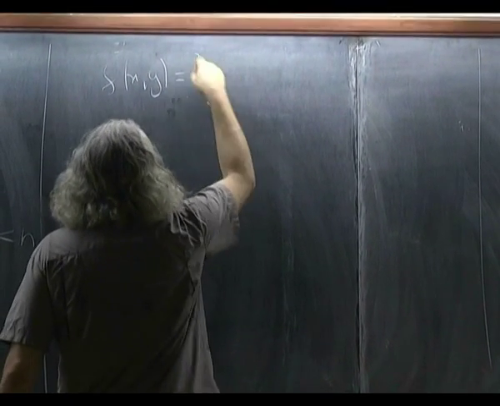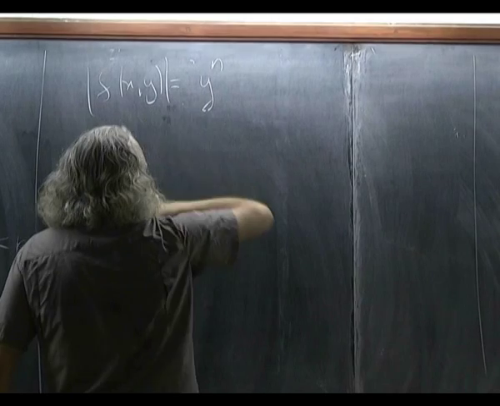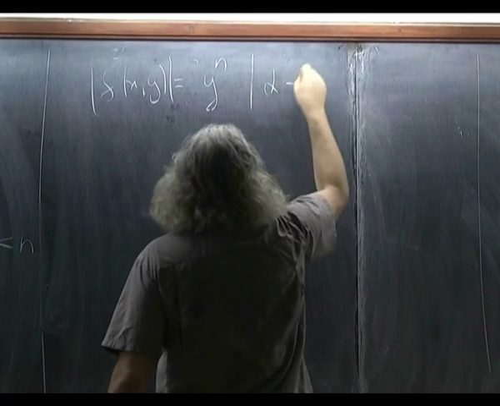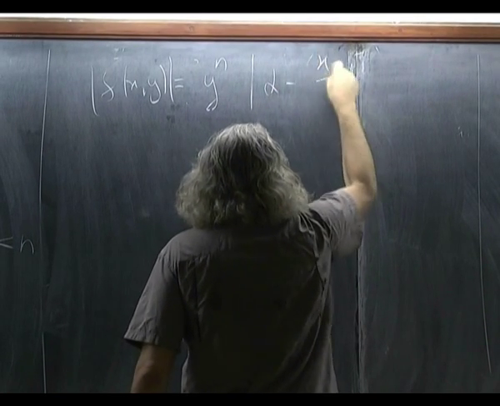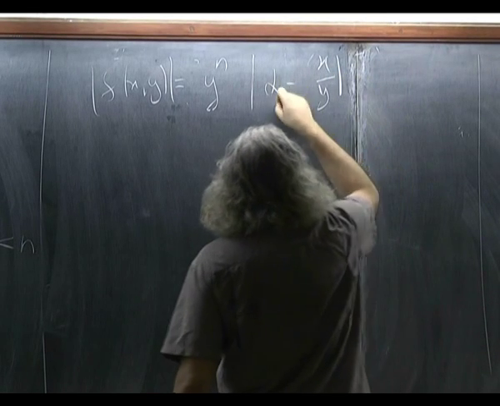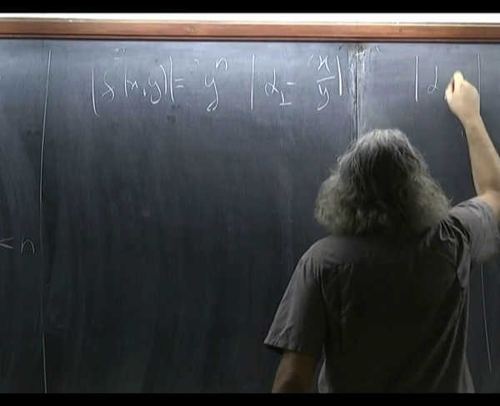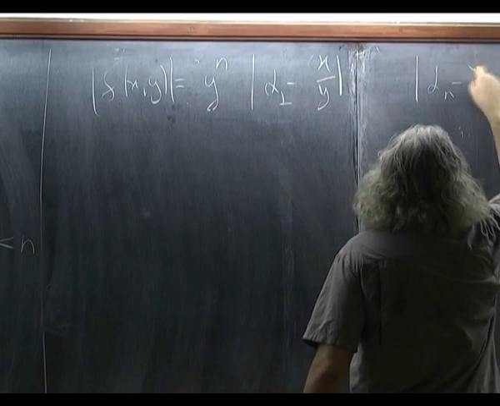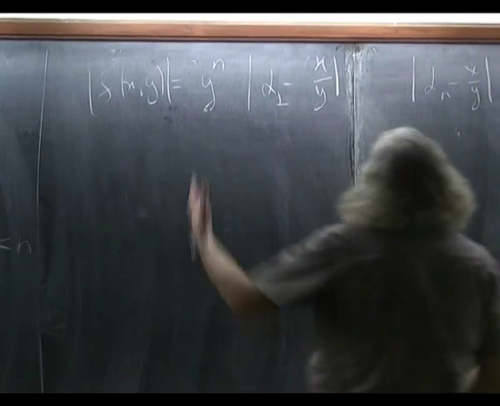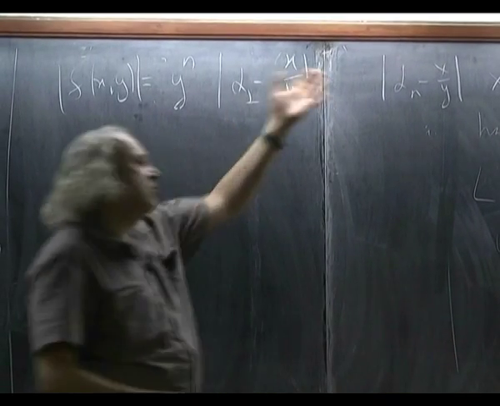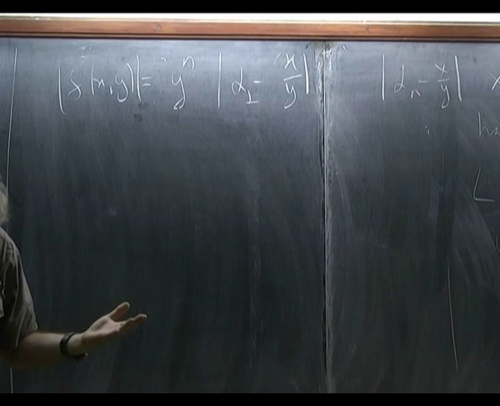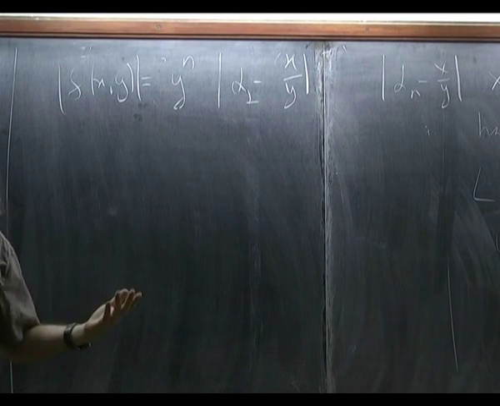absolute value of y to the power n, times (alpha 1 minus x over y) up to (alpha n minus x over y). And among these n terms, only one can be small because all the roots are distinct.